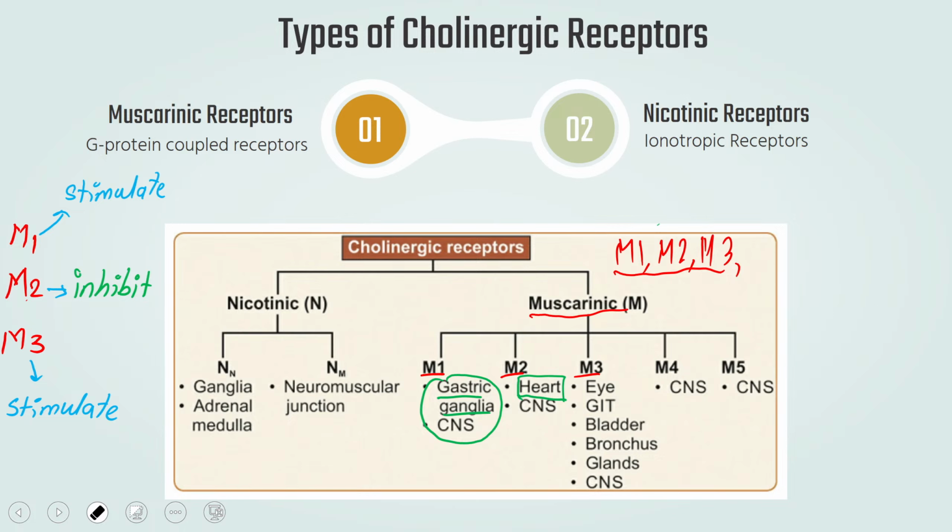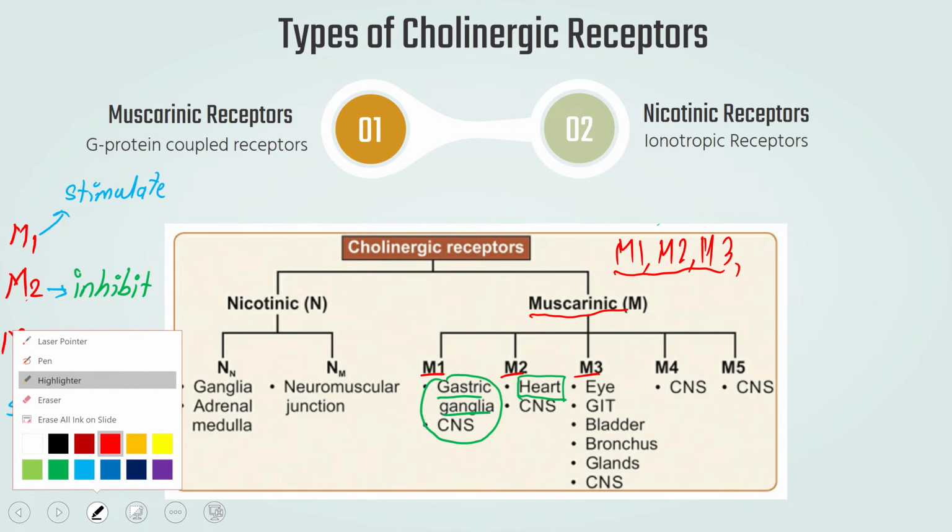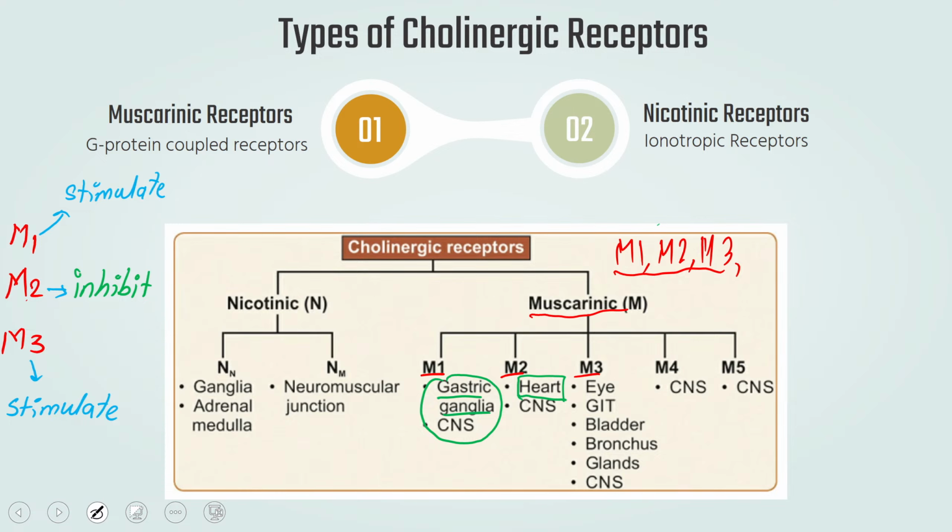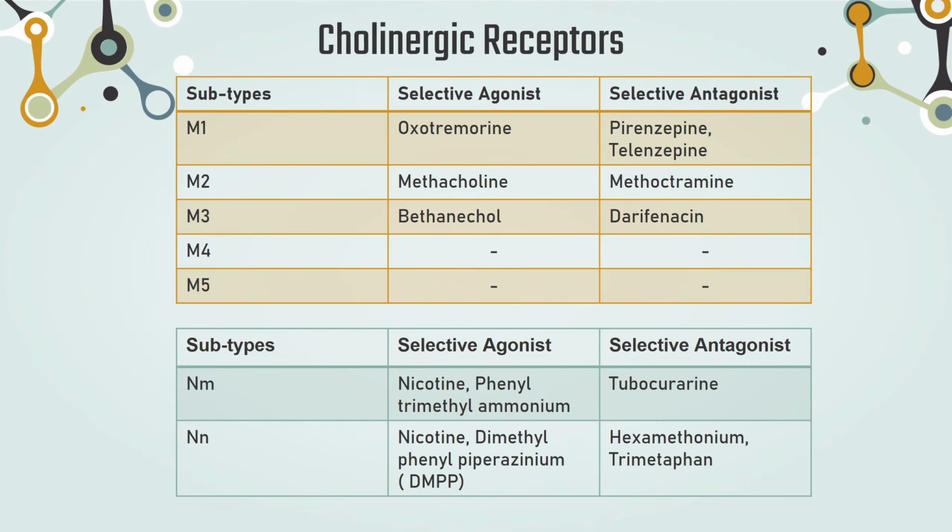How will you remember M3 now? For M3, we learnt the cholinergic system, rest and digest. You know the rest and digest system.